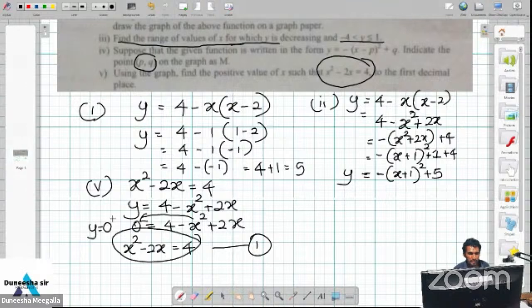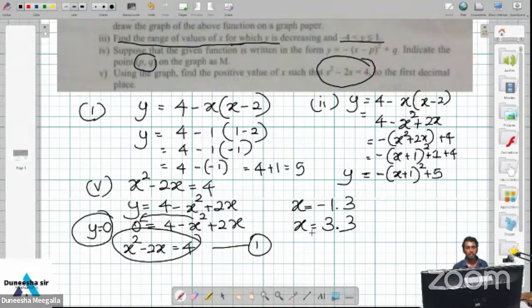Then when y is 0, our criteria: x is minus 1.3 to the first decimal place and x equal 3.3. Okay.